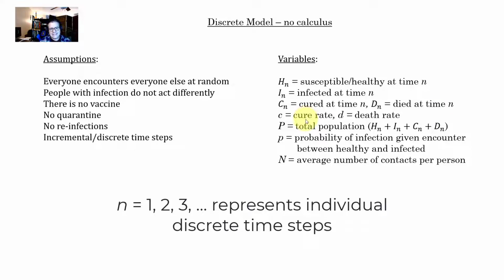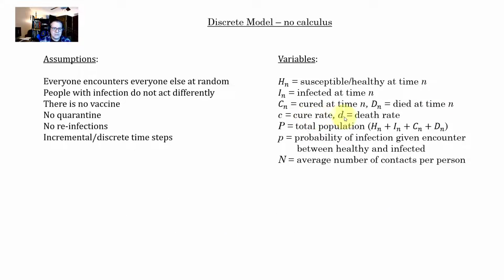There'll be a constant cure rate that we'll use, which will be this lowercase c. There'll be a constant death rate that's some fraction of the number of people that are infected, how many are dying from the infection. Capital P will be the total population, some initial value that we start with that represents everybody: all the healthy, susceptible, and the infected, the number that have been cured, and the total number that have died.